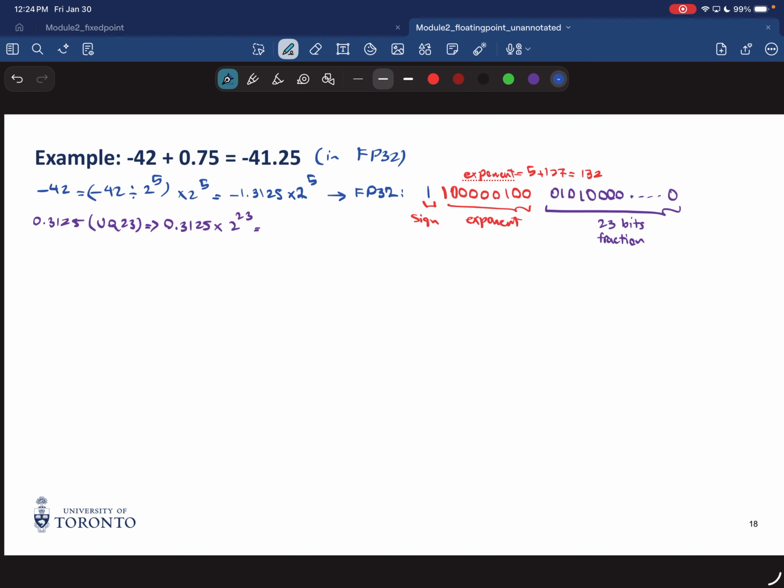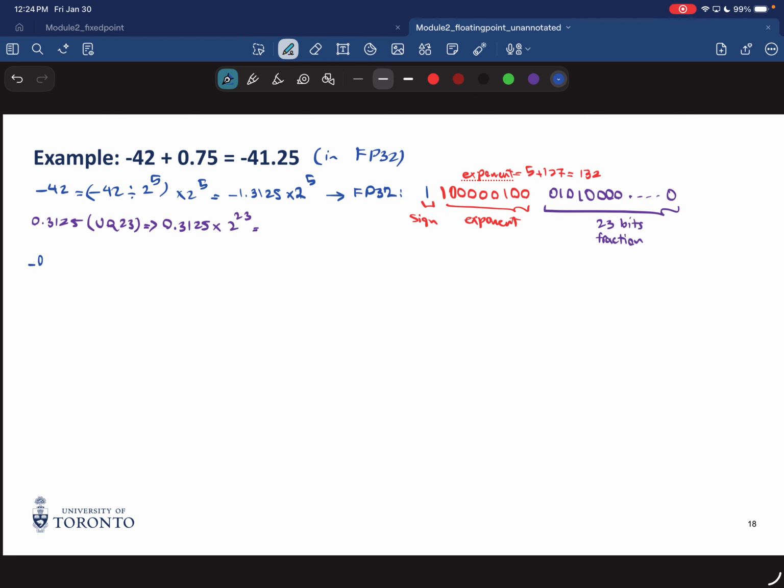Now let's do plus 0.75. Actually, I think it was you. You asked last time, how do we represent 0.5 in floating point, right? No? Oh, somebody asked, anyway. So if the number is less than 1, what should I do?